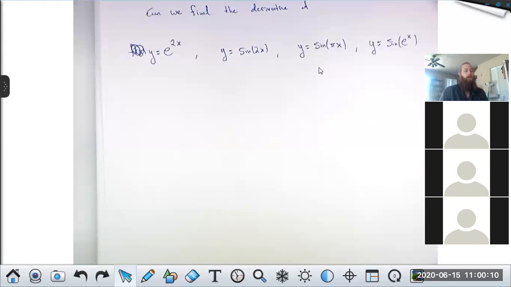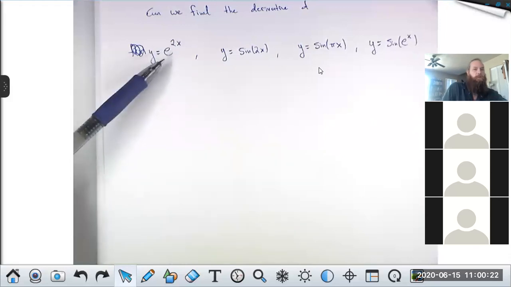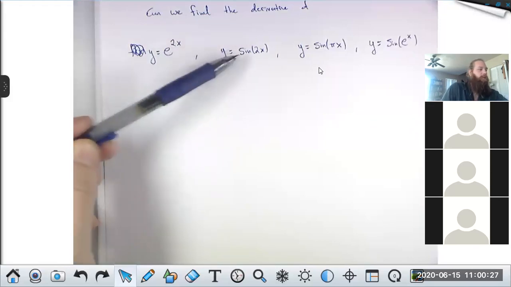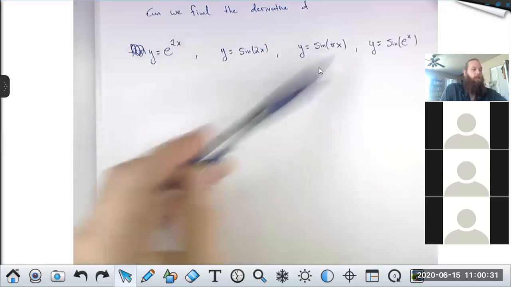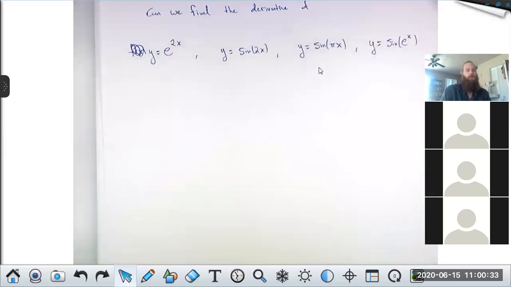Okay, so my question to you here is, can we find the derivatives of these functions? These functions all have something in common. They're all composite functions, meaning they're all functions within functions. Here I've got my exponential function e to the x, but then I've plugged 2x into that. Here I've got the sine function, but I've plugged 2x into that. I could have plugged pi x or even e to the x into the sine function.